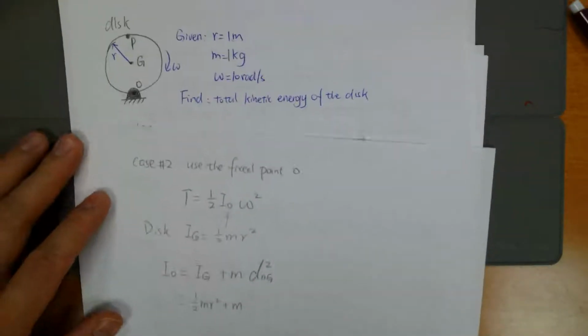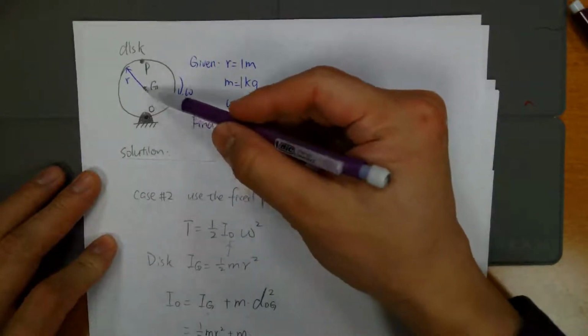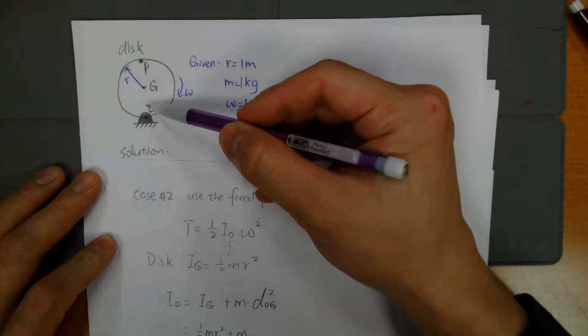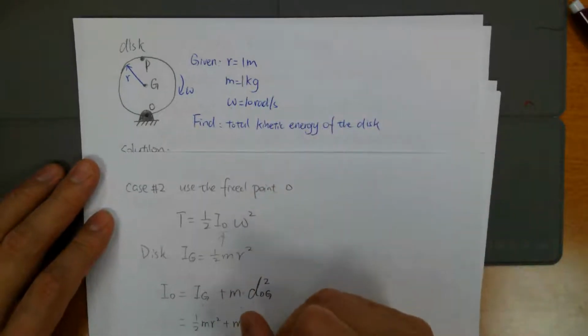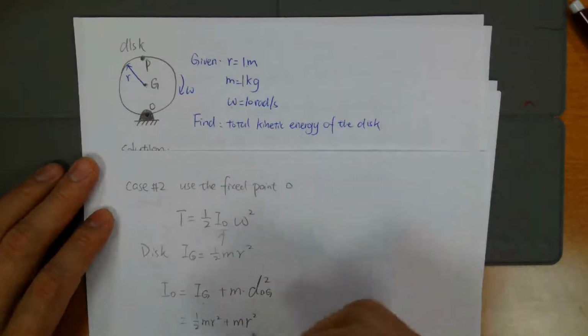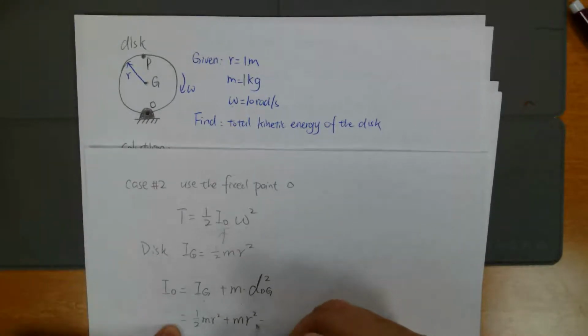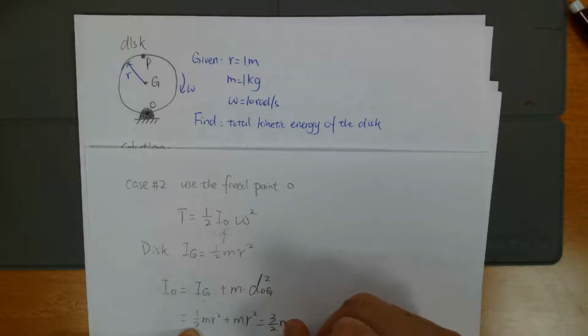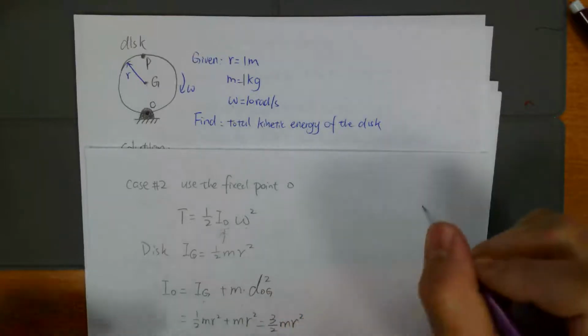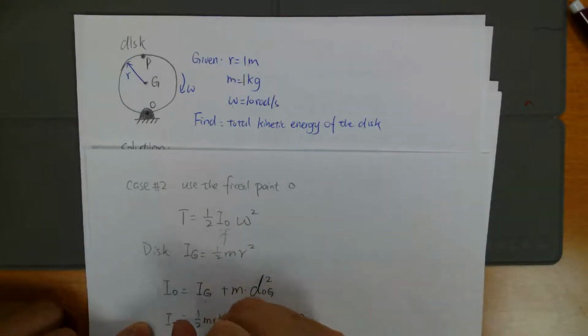Let's look at the diagram here. The distance between O to G is simply r. So that will give us r squared. So this will give us 3/2 mass r squared. This is our IO.